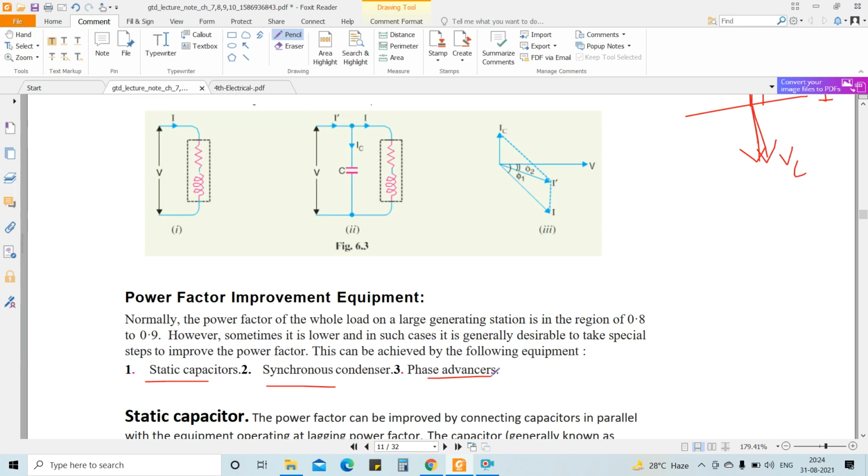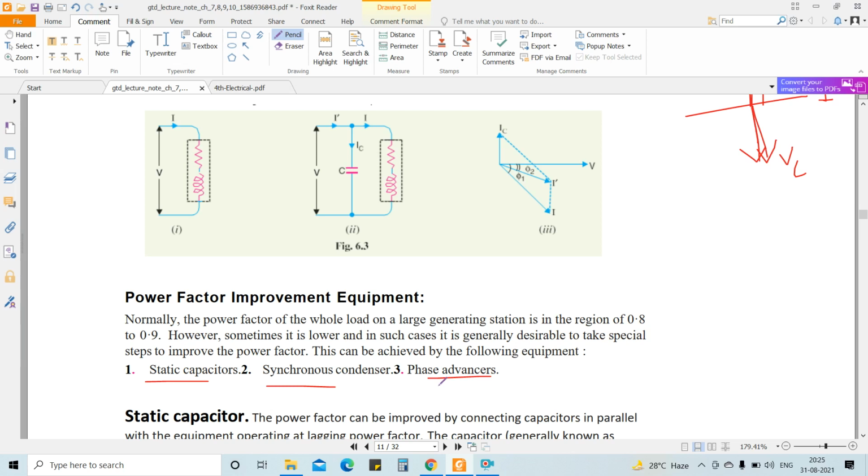Normally the power factor of the whole load on a large generating station is in the region of 0.8 to 0.9. However, sometimes it is lower, and in these cases it is desired to improve the power factor.